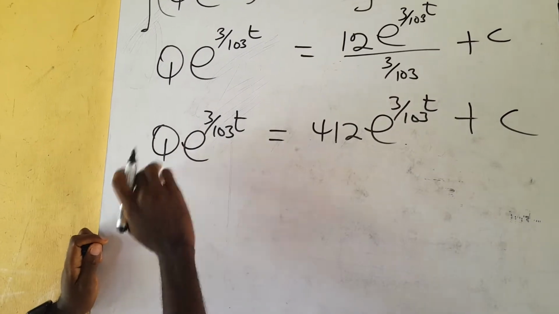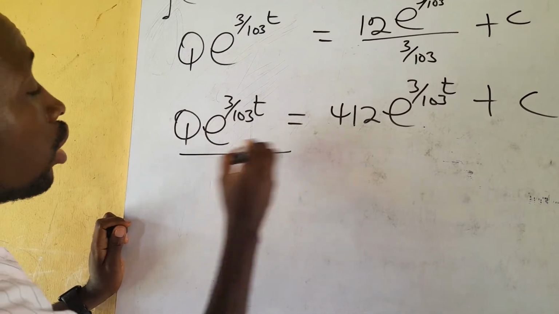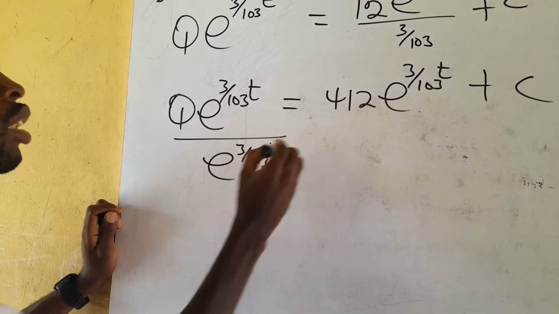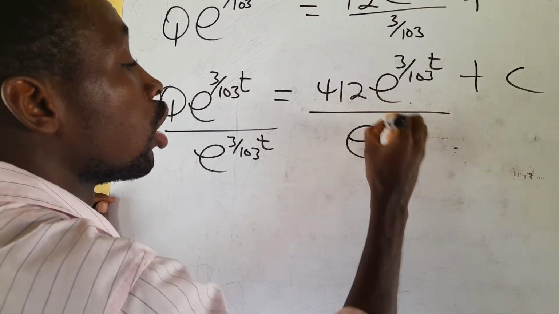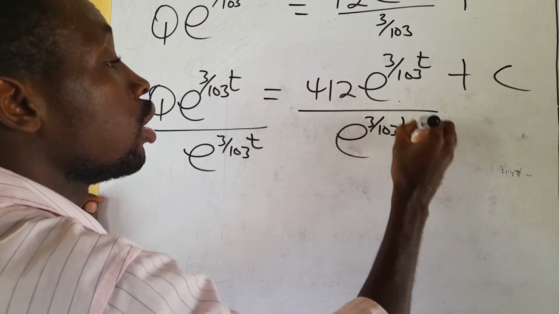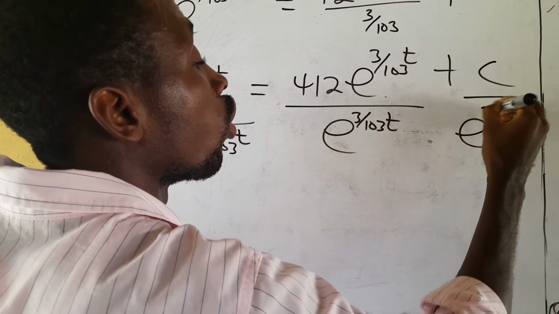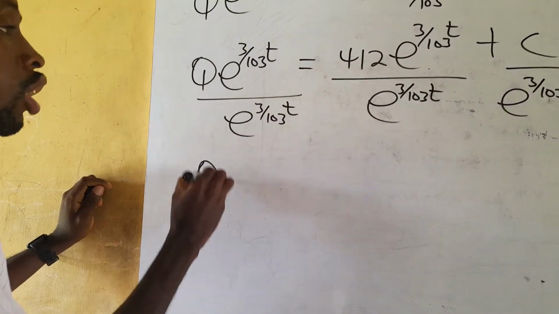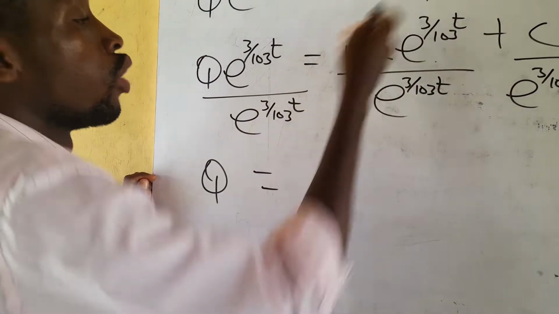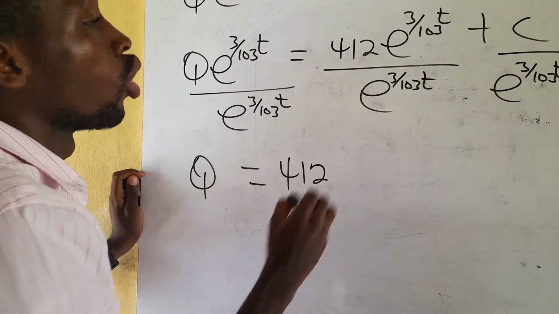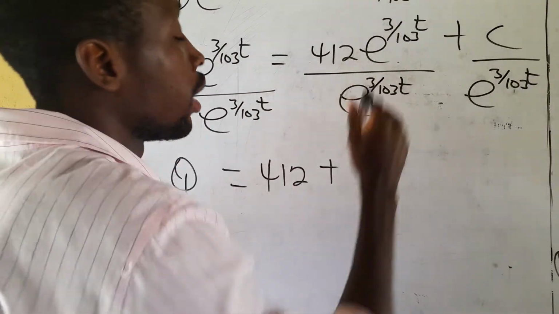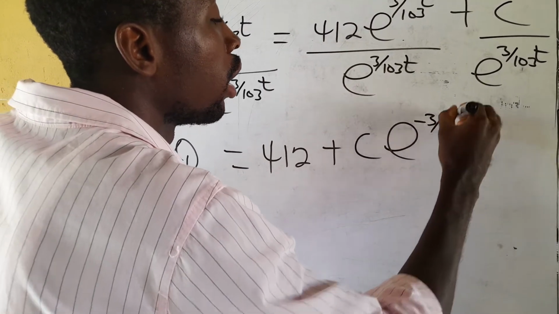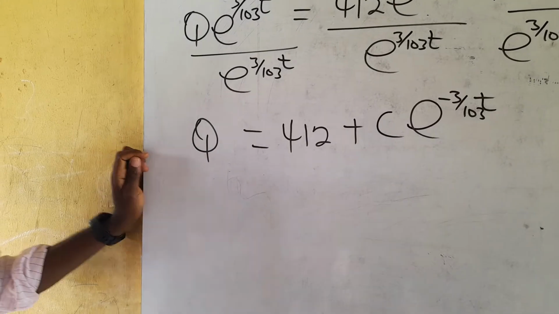What do we do? We will make q the subject by dividing both sides by e to the power 3 over 103 t. You can see this will divide that. Q will be equal to, see this will also divide that. What is left? We are only left with 412. Then plus, I can rewrite this as c e to the power negative 3 over 103 t. I hope you get that.